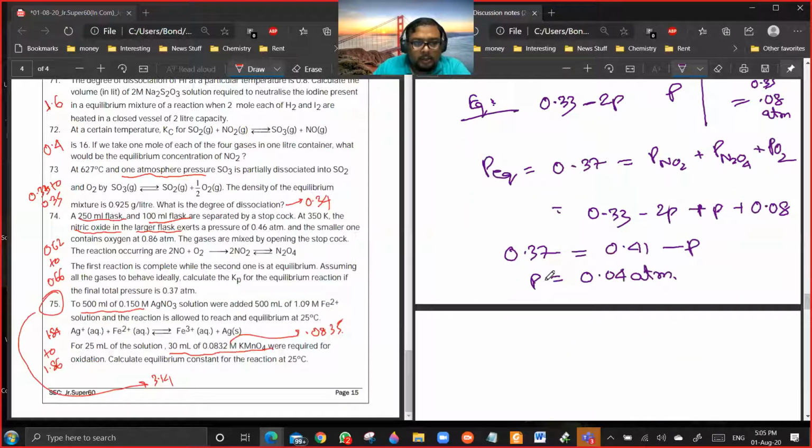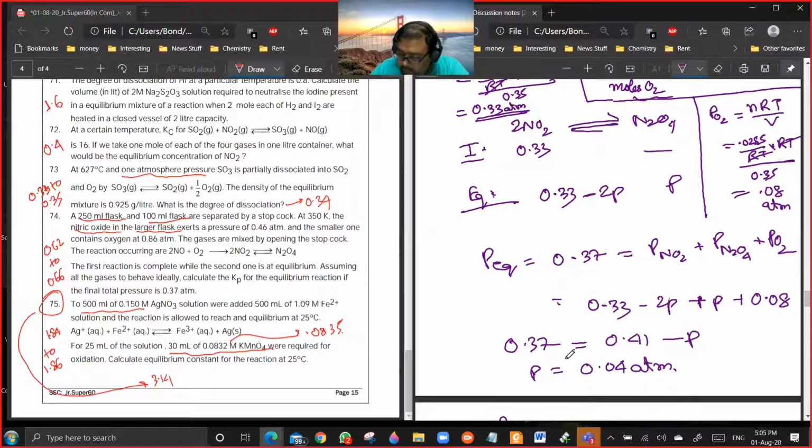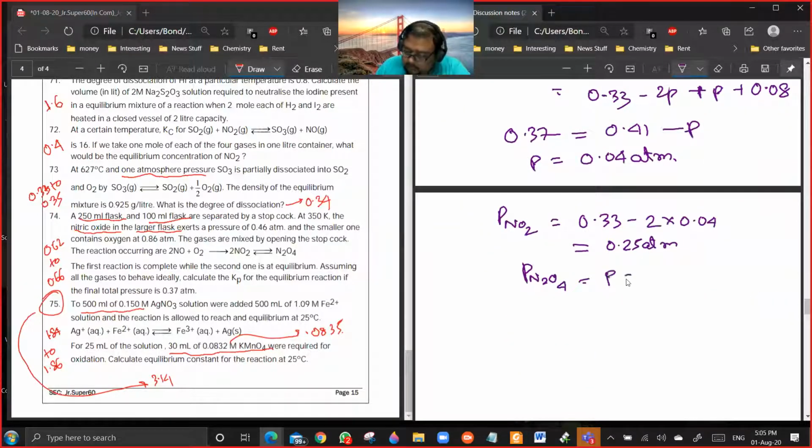Are you getting this up to this point? So what is the pressure of NO2 at equilibrium? It will be 0.33 minus 2P, 2 into 0.04. It will be 0.25 atm. What is the pressure of N2O4 at equilibrium? It will be equal to P. It is 0.04 atm.